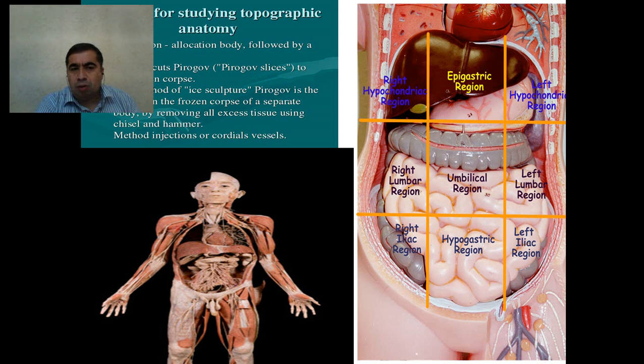The frozen method, the method of ice sculpture, if you want, is called by the name of Pirogov, the founder of military medicine. He was a military doctor, and also one of the founders of modern topographic anatomy. A Russian surgeon and topographic anatomist.